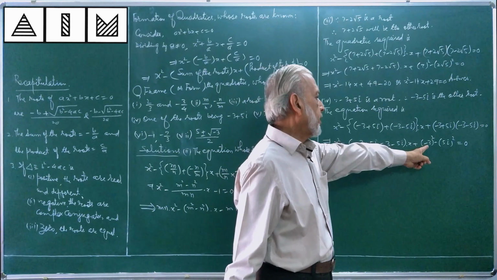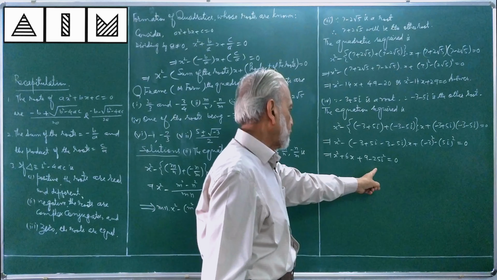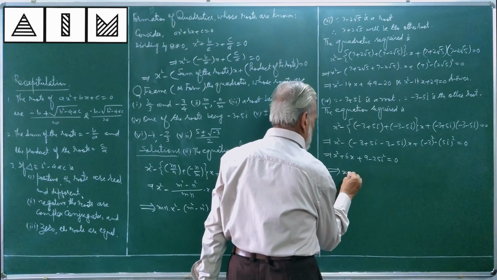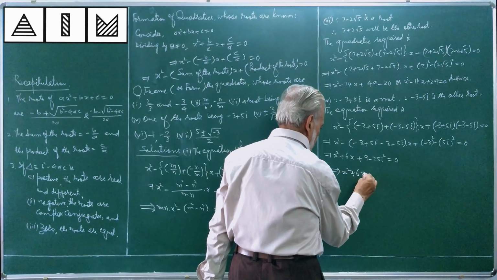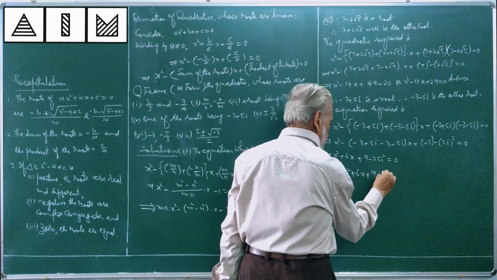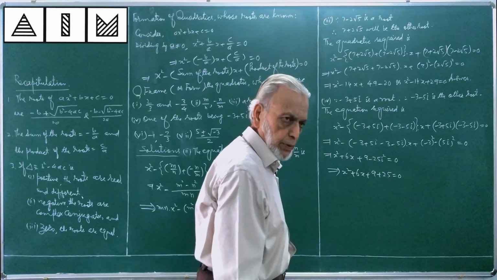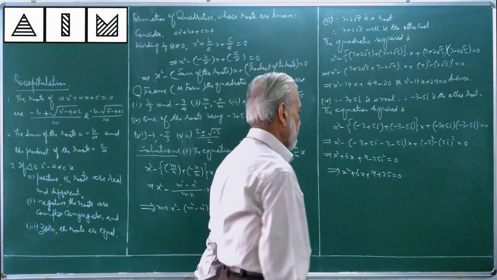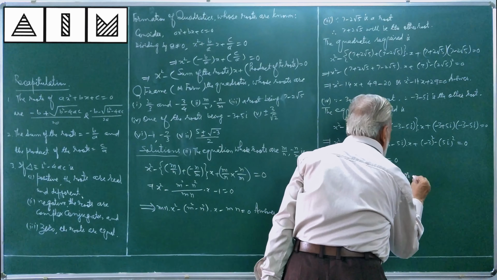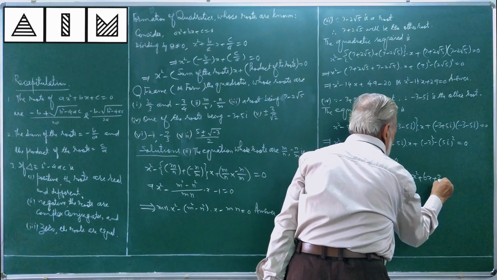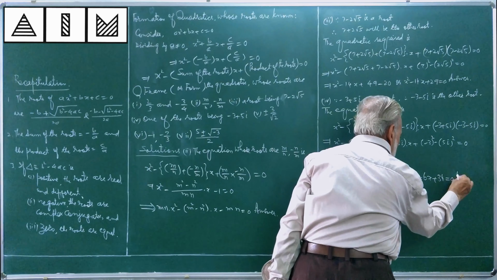This is 9 minus 25i square. I am proceeding, please see here. X square plus 6x plus 9 plus 25 is equal to 0. Note i square is equal to minus 1, hence it is plus 25.